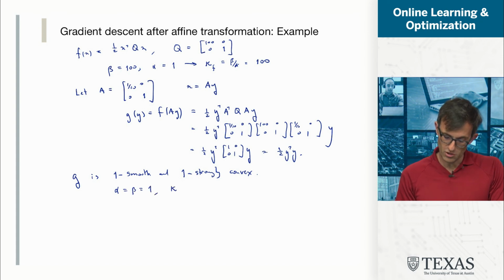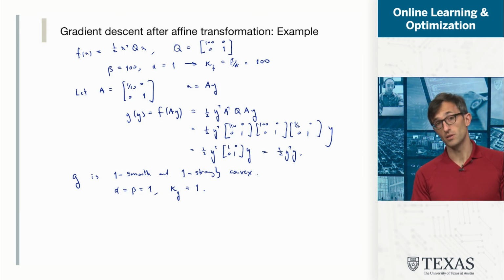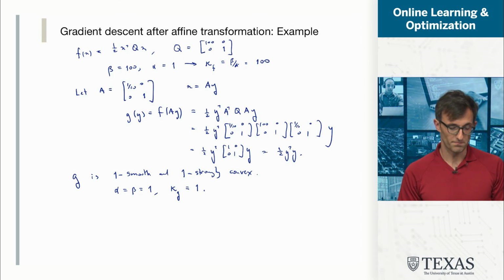Therefore the condition number kappa g is equal to beta over alpha, or just 1. So with a linear transformation, we have turned f into g, a perfectly conditioned function.